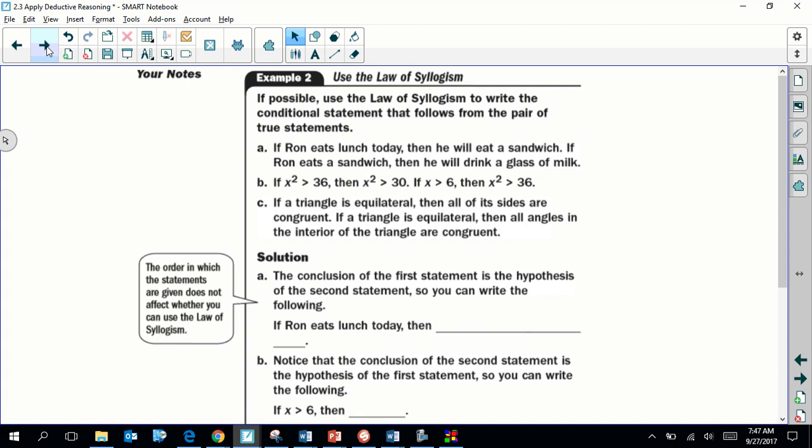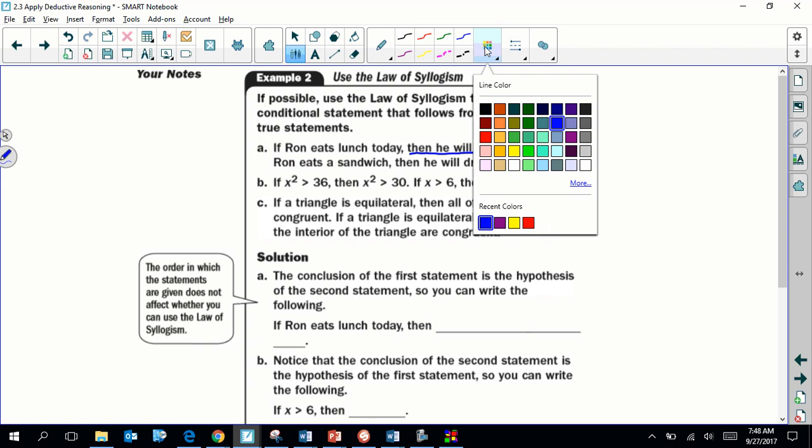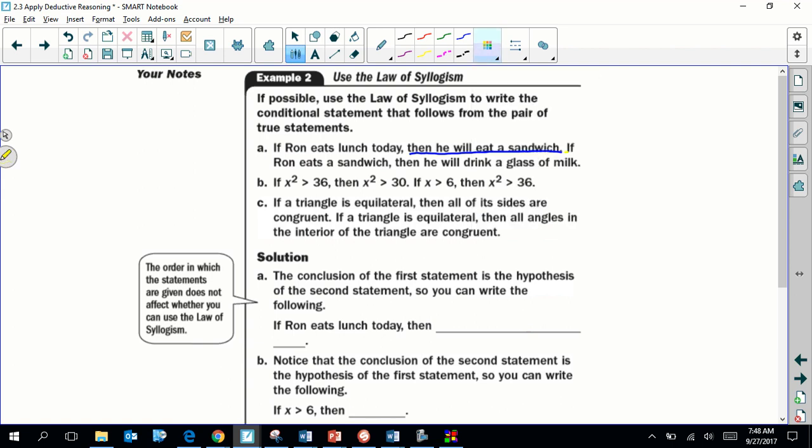we can apply the law of syllogism to it. Looking at example A: if Ron eats lunch today, then he will eat a sandwich. That's our first conditional statement. If Ron eats a sandwich, then he will drink a glass of milk. Here, the conclusion of the first statement and the hypothesis of the second statement match.